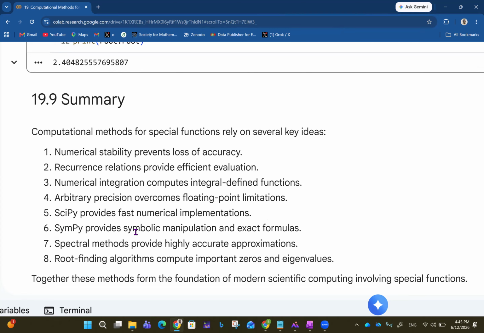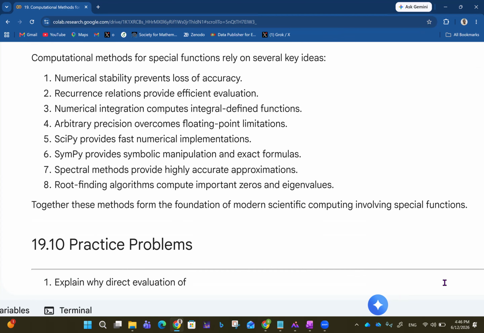SymPy provides symbolic manipulation and exact formulas. Then spectral methods provide highly accurate approximations. Then root finding algorithms compute important zeros and eigenvalues, right? So together, these methods form the foundation of modern scientific computing involving special functions.